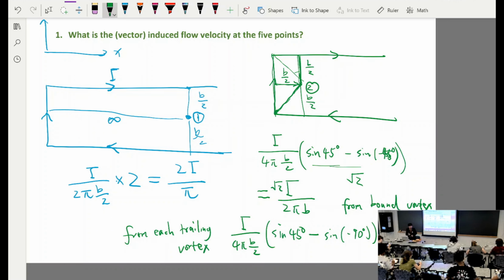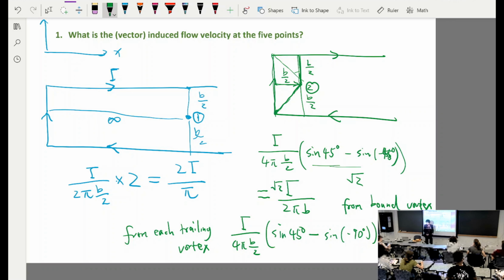All right, does it make sense? So again, when I'm looking at the angles, it'll be minus 90 degrees if the end is all the way here, right? It'll be minus 45 degrees here, 0 here, 45 degrees here, and 90 degrees over here.